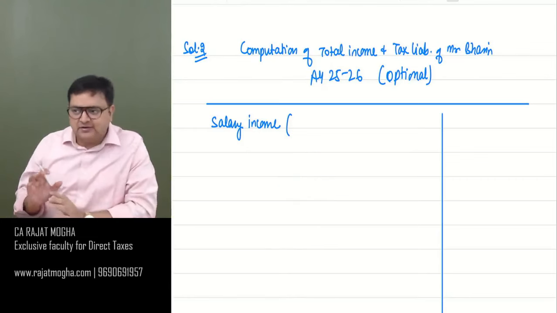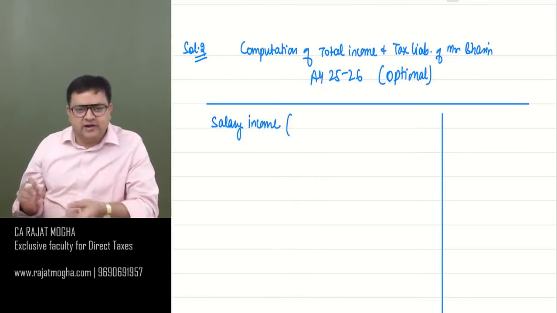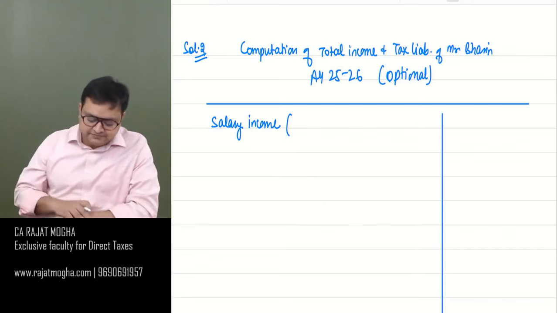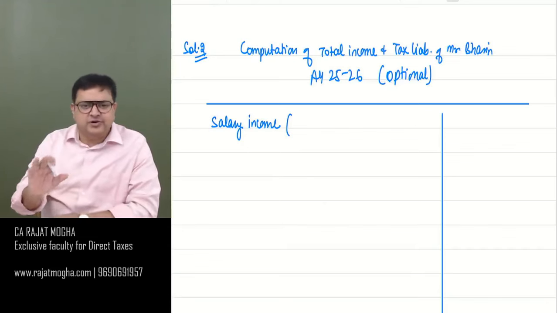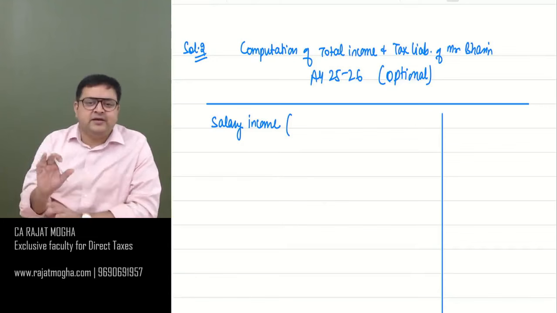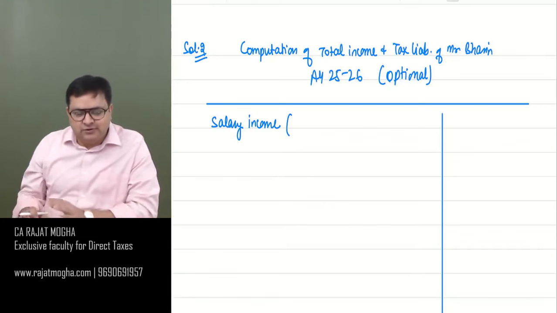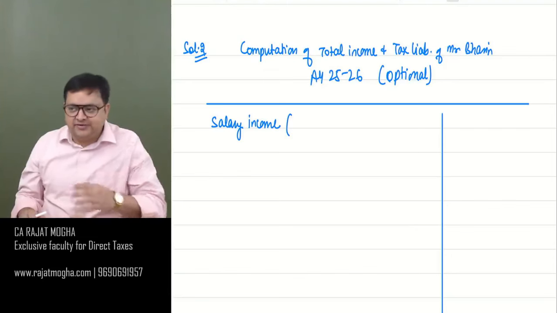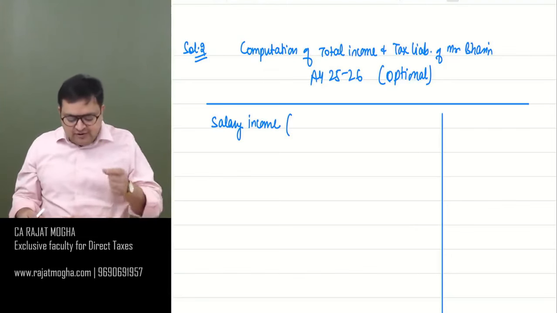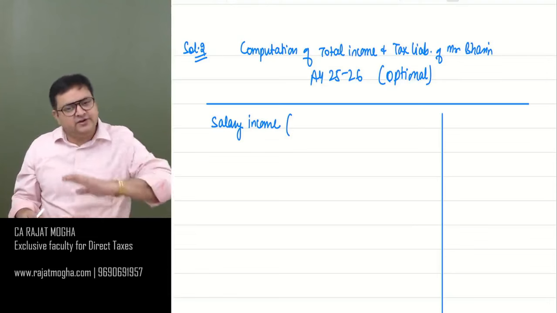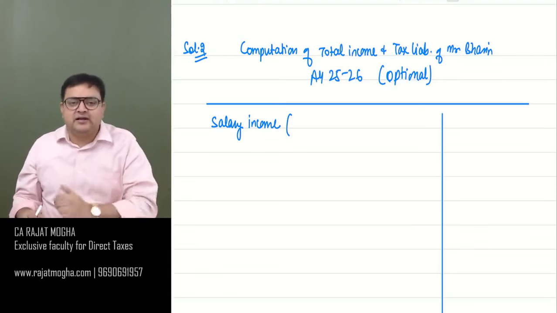But please, you have to be regular in this, right? If you have done at least 10 questions, you will be perfectly comfortable with the total income question and you will perform well. And actually, if you are good in total income questions, it means you are good in the entire concepts.